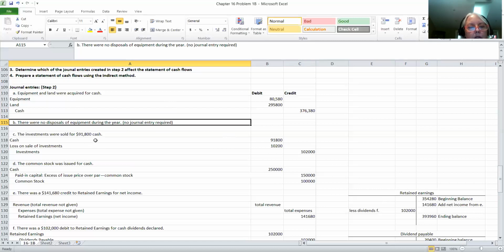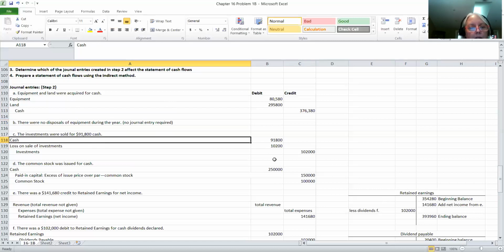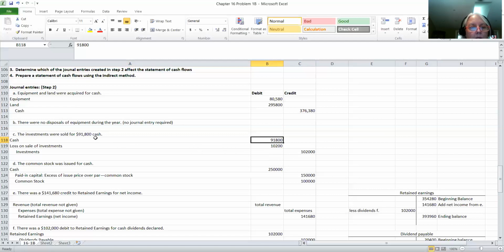In transaction C, 2 things affected the statement of cash flows. It's obvious that the cash was debited for the amount that we sold the investments for. So in our investing activity section, we're going to show this as cash received from the sale of the investments.